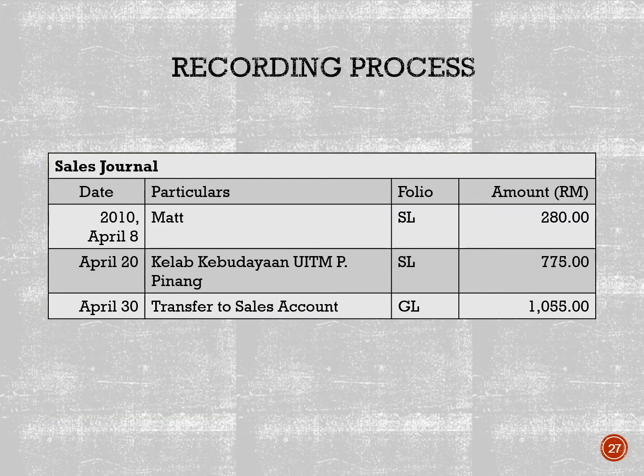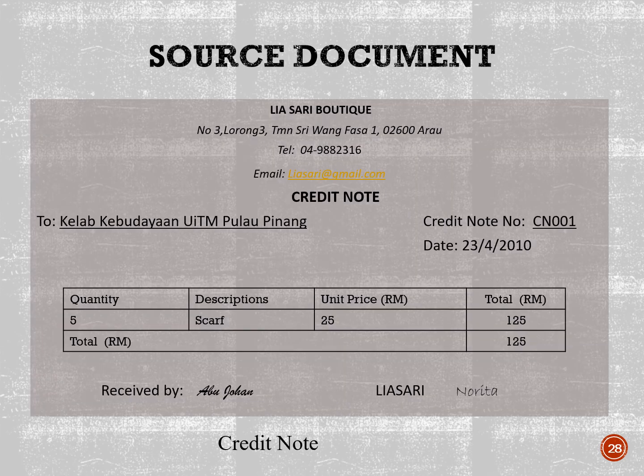And then this is the recording process for the sales journal. And this is the credit note. Debit note is to inform on the purchase return, but credit note is for us to record the sales return. What is sales return? Sales return is when we sell goods and then people return them to us. So we call it sales return.